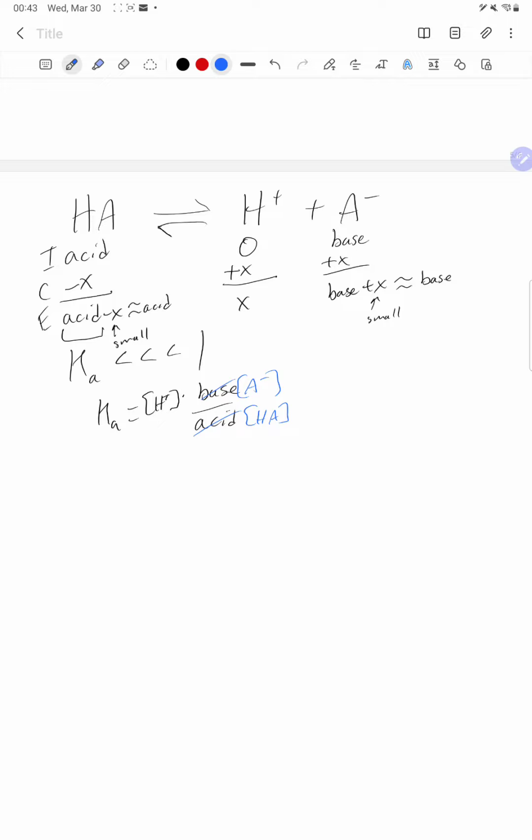It's not going to be particularly complicated. But it's always going to turn into you saying Ka equals H+ A- over HA. And this is what turns into the Henderson-Hasselbalch equation of the pKa equaling the pH minus the log of base over acid.